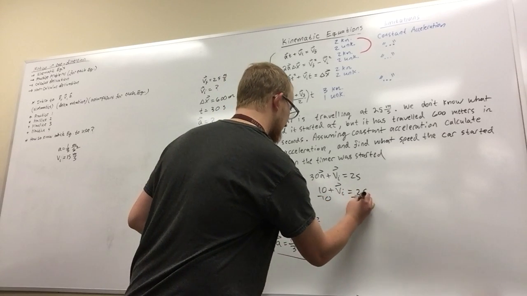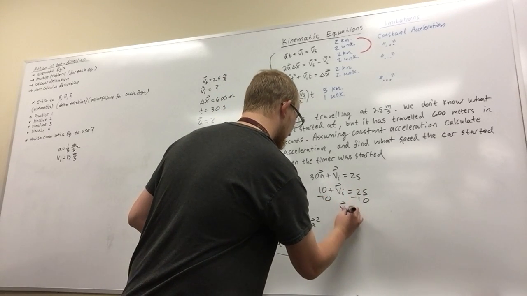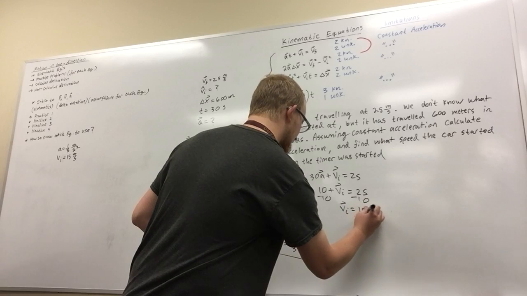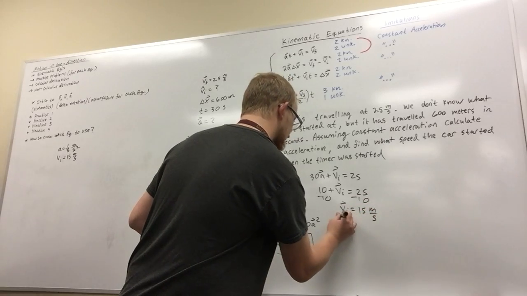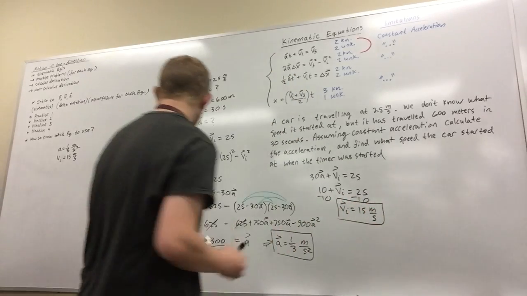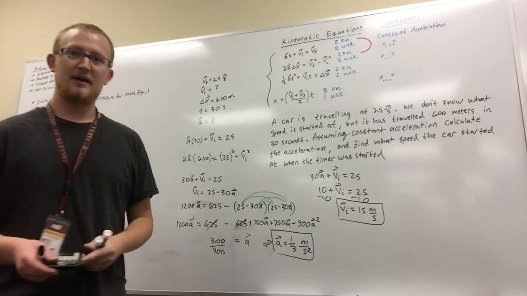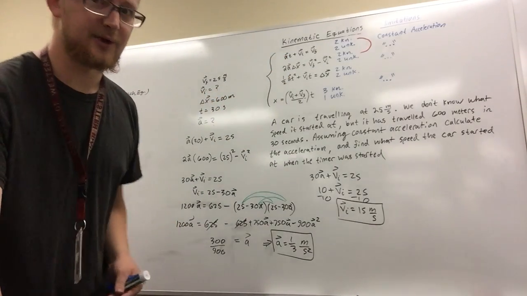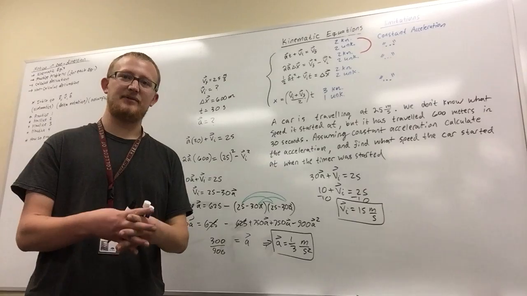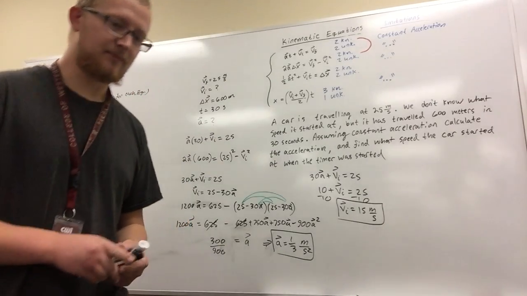Subtract 10 from both sides, and we end up with Vi equals 15 meters per second. So we've effectively solved this problem using these two equations, and we use them jointly, which means we use the equations at the same time and use substitution.